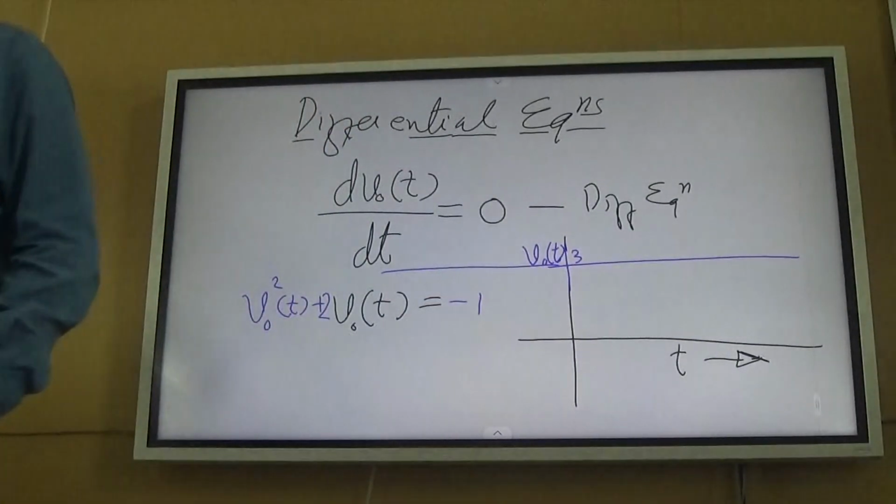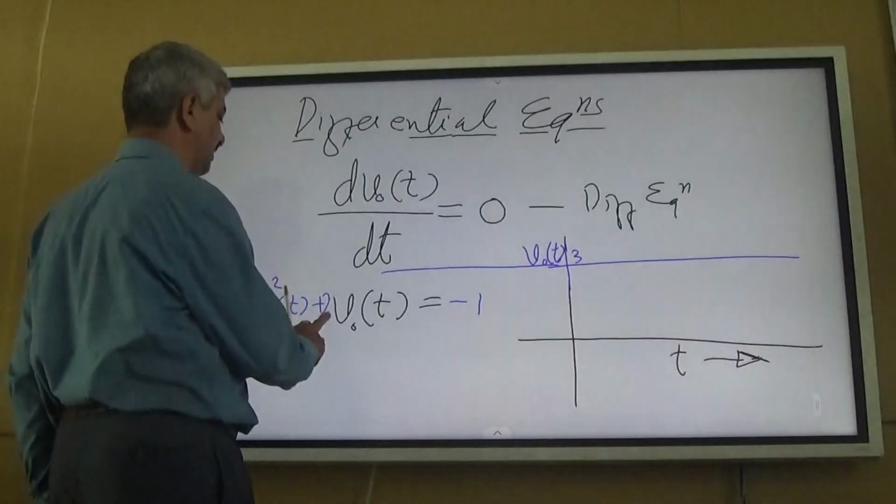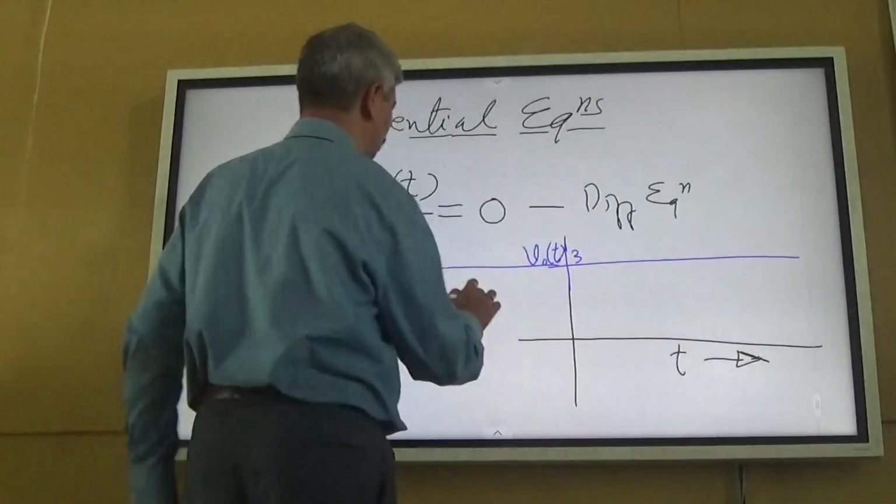So what will happen? How many solutions will it have? Same solution, right? If I have V(t) square plus 3 V(t) equal to minus 2, what will happen?